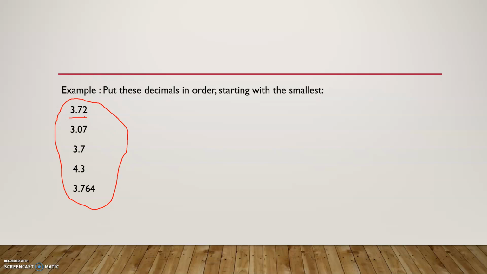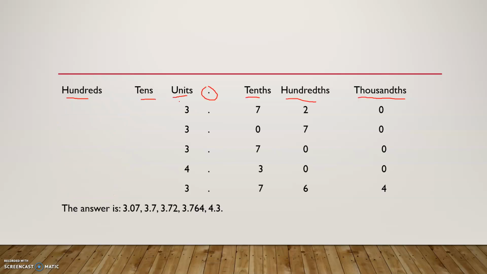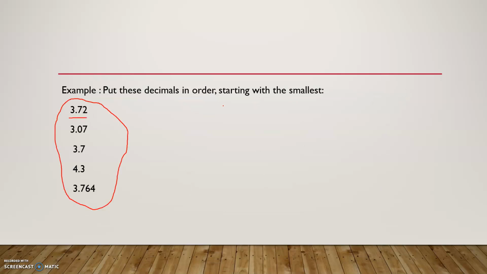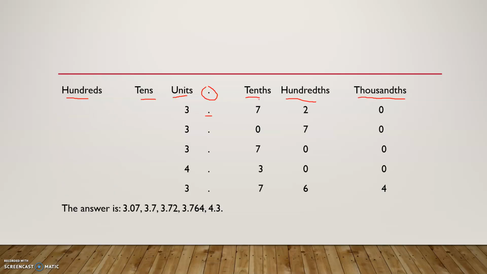So first one, we go 3.72, so 3 is going to go under units, and then we go decimal place here, and then 7 is going to go under tenths, and 2 is going to go to hundredths.